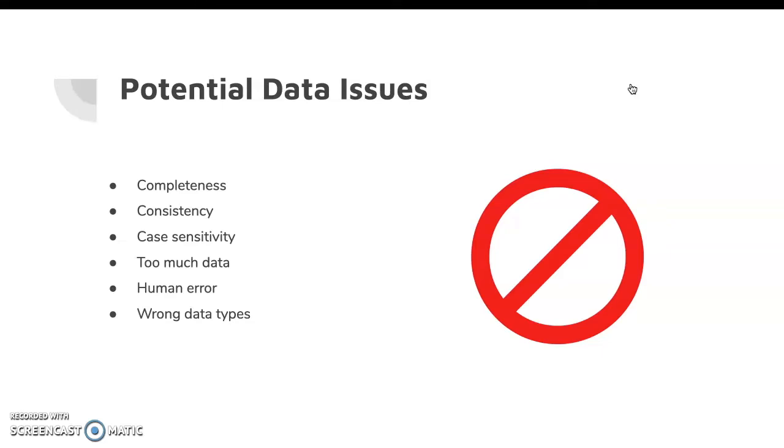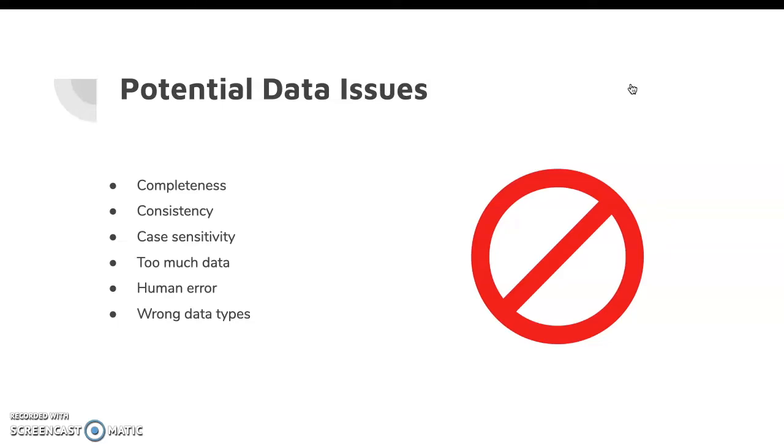If some states are missing or listed in a different way, it can make that consistent across the whole data sheet. Case sensitivity goes along with the same thing. It can make everything the same to make sure the whole sheet is consistent. Too much data: you can delete data, transform data, add data, whatever you want, and it's going to allow you to get the set that you want to see.